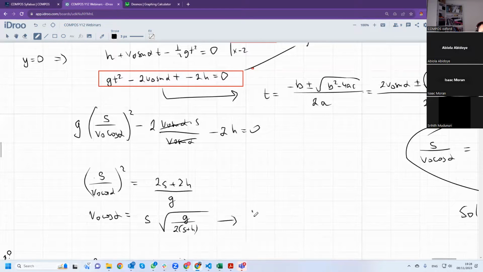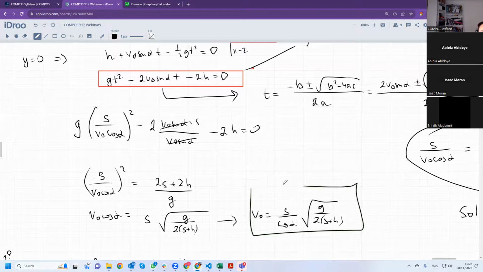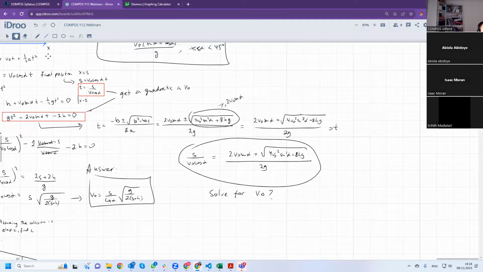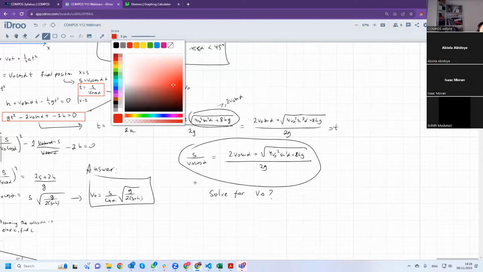That means that v0 is equal to s divided by cos alpha, times the square root of g divided by 2s plus h. Okay, that's way easier. That's the answer. You see, sometimes you just go the wrong way. Of course, if you simplify that, it will work out the same.